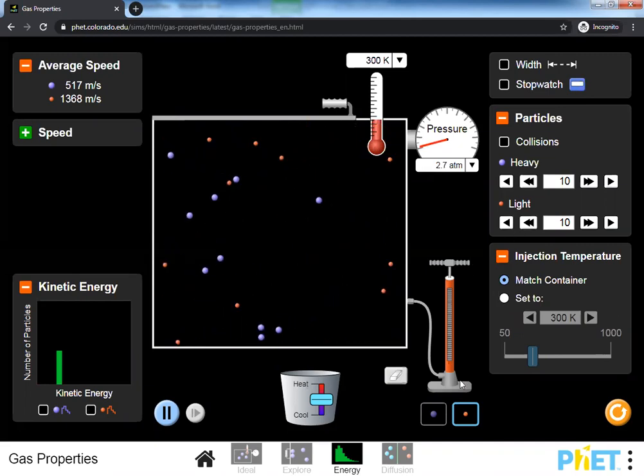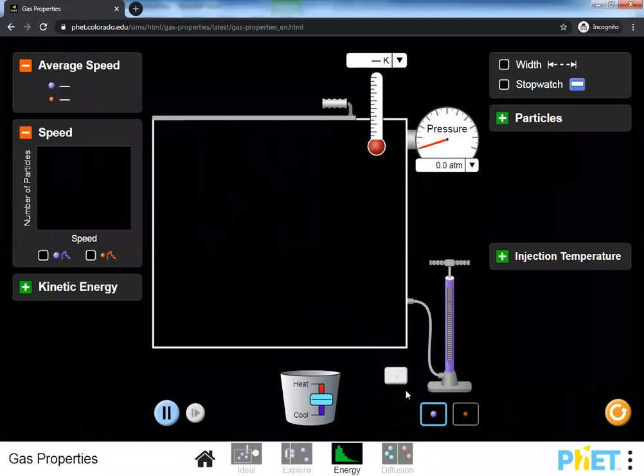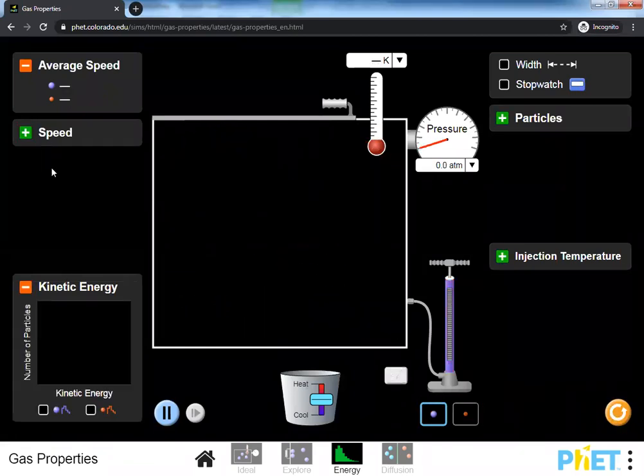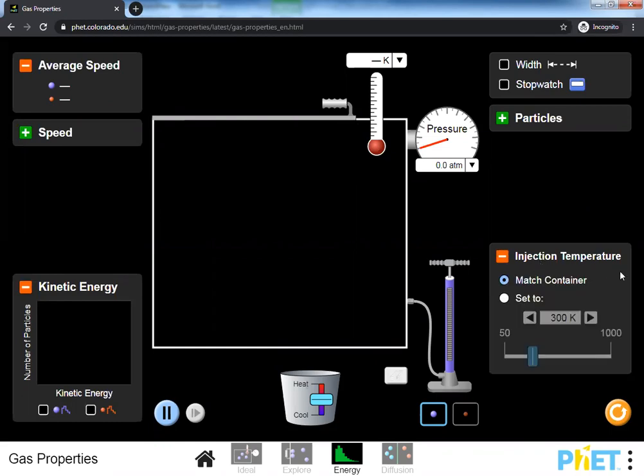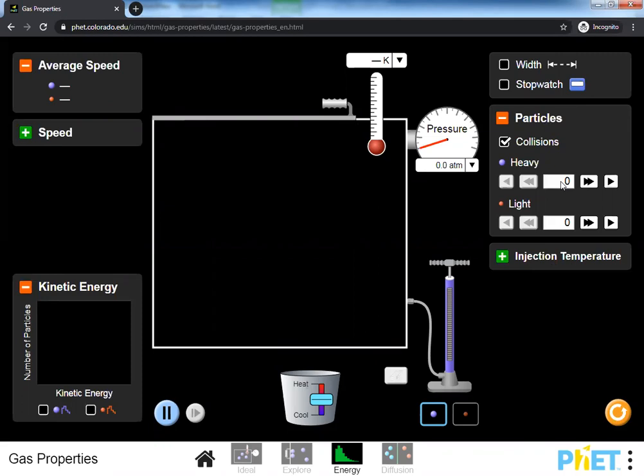So maybe it's better if we isolate this. So let's actually just start over here. Here we go. So here's 10 particles. Temperature 300, pressure is right there.